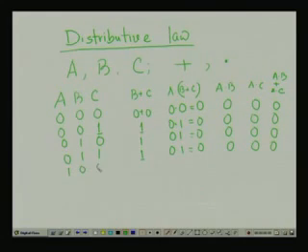Now, 1, 0, 0: B plus C is 0, A dot B plus C equal to 0, A dot B, A dot C, this is 0.